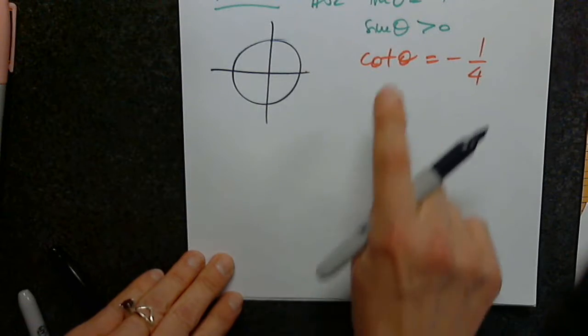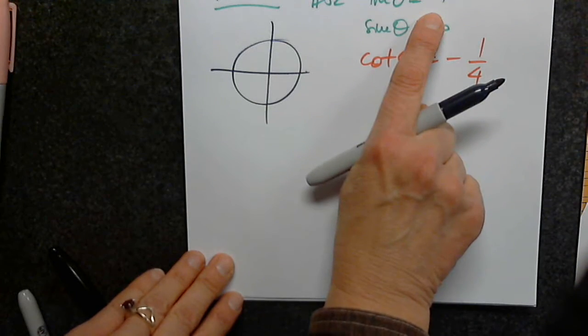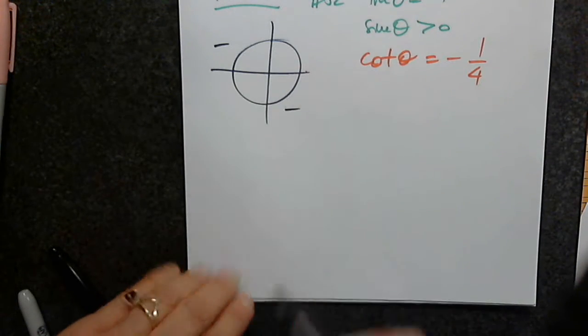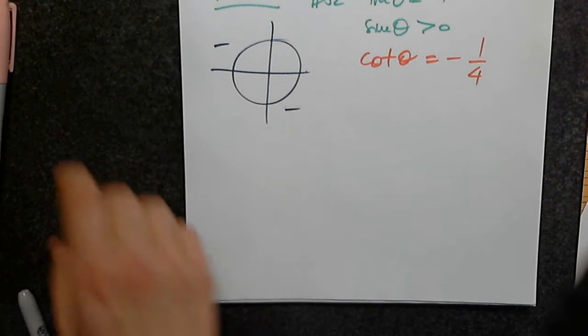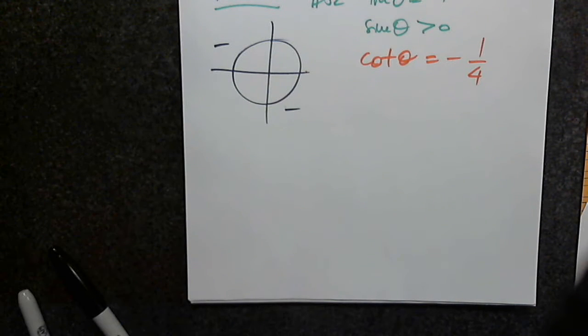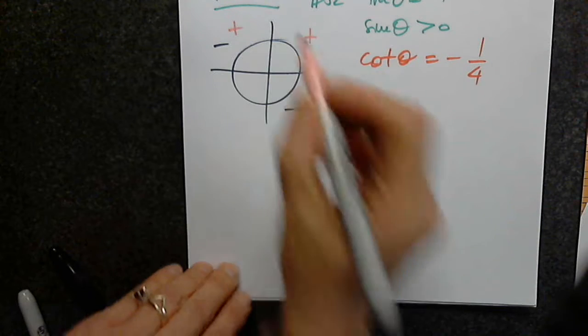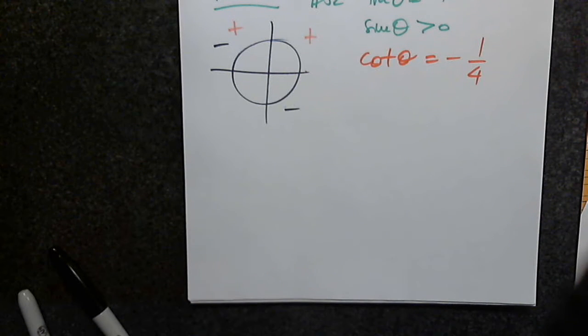I'm going to say tangent is negative where? 2. Very good. And sine is positive where? 1 and 2. So therefore, I know exactly which quadrant the terminal side of angle theta lies in.